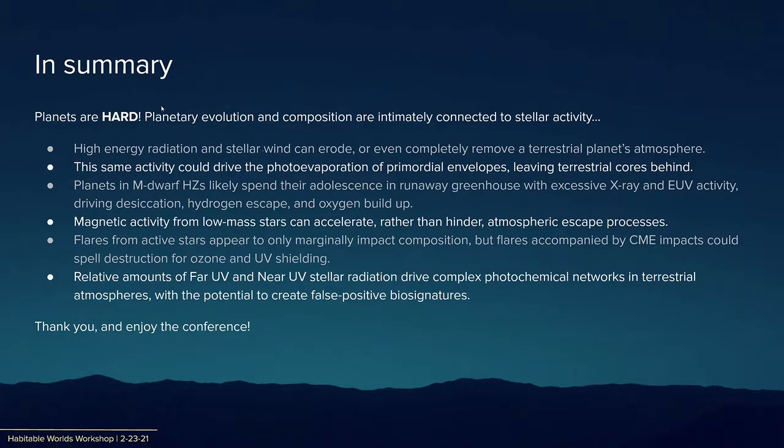So to review, the high energy radiation and stellar winds can erode or even completely remove a terrestrial planet's atmosphere. However, that same activity could drive the photoevaporation of primordial envelopes, leaving terrestrial cores behind that may or may not have an atmosphere.